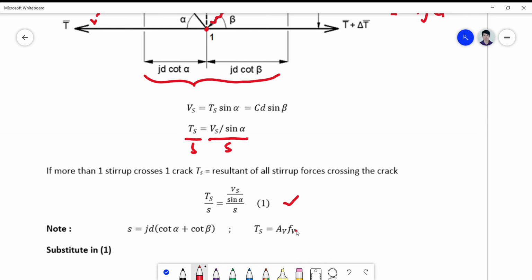So your V here signifies your shear. The V there is a subscript for shear. So the area of the stirrups, multiplied by the stress of the stirrup, is equal to your total tension force on the stirrup. So you substitute it there. So this is AV fV all over S.